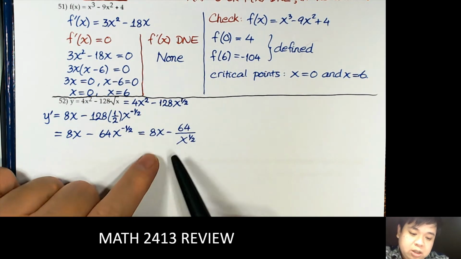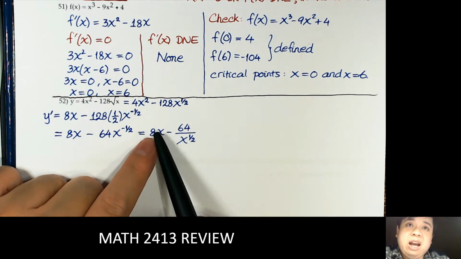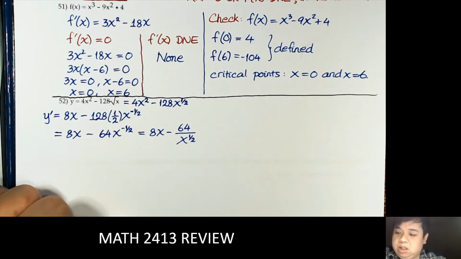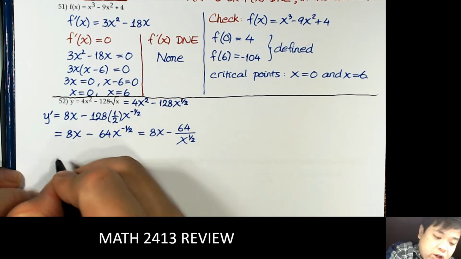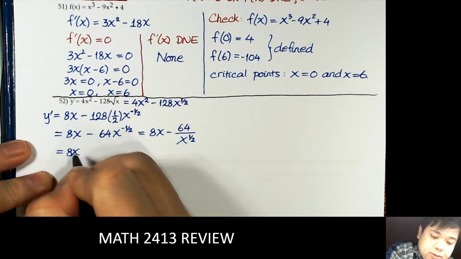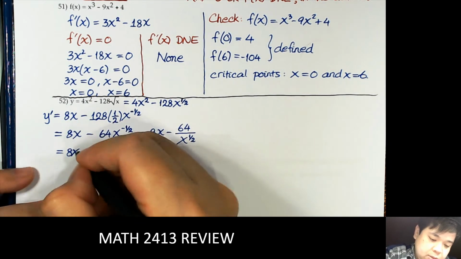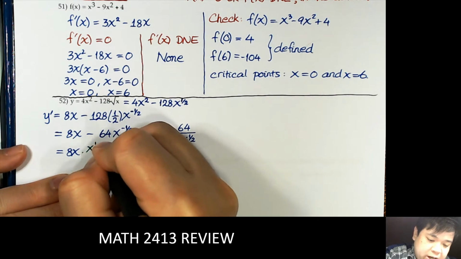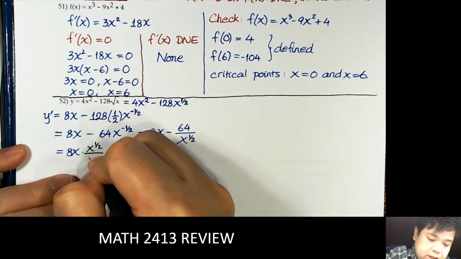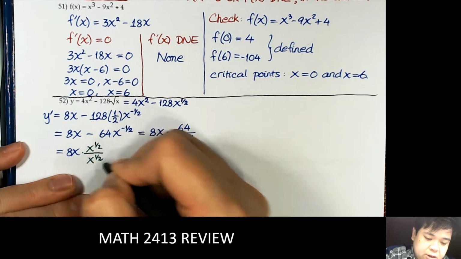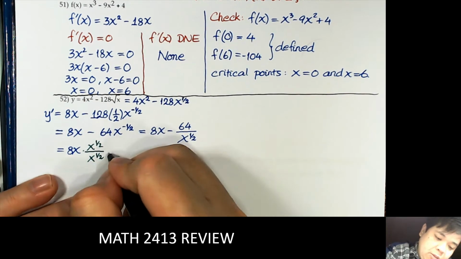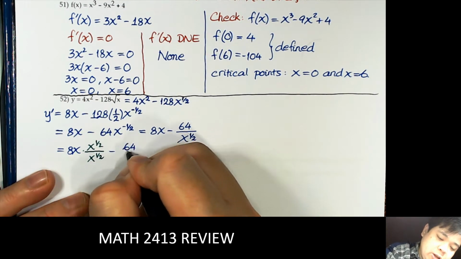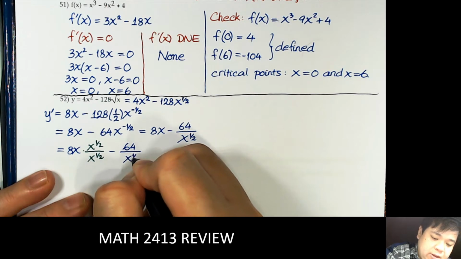What I do is multiply x to the 1/2 top and bottom to have the common denominator. I'm going to do that on the next line. So x to the 1/2, x to the 1/2 minus 64 x to the 1/2.